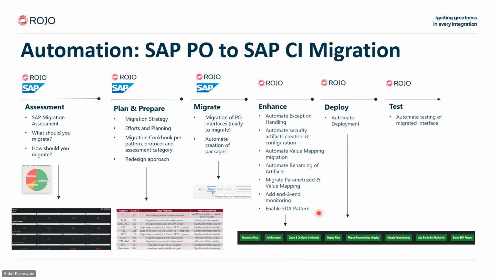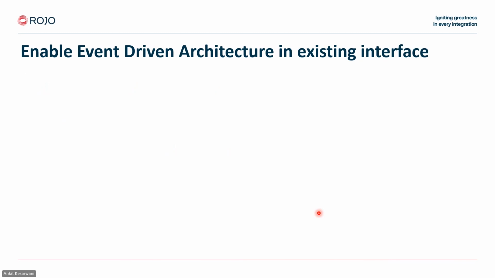And if I move to the second slide, the example which I was highlighting is one of the customers based out of the Netherlands, Heineken, where we did the migration, and it's still in process. But the key aspect was how we designed or redesigned the IDOC interfaces.